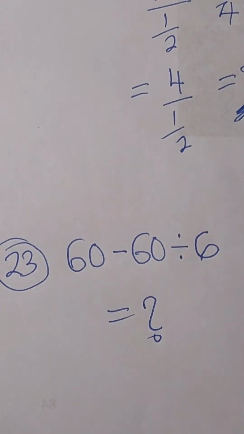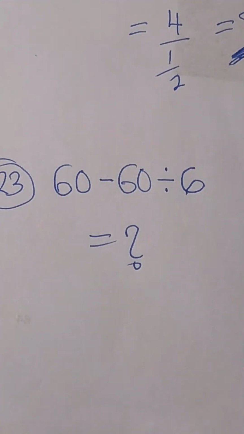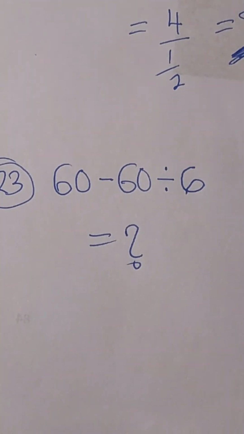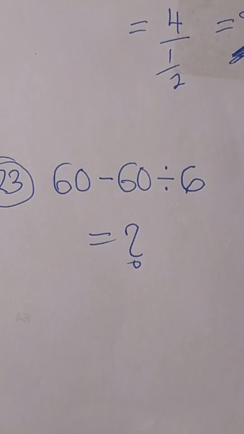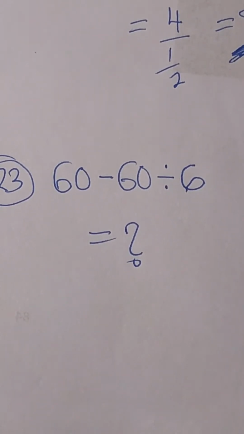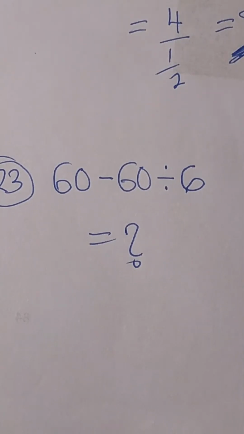It's very easy. 60 minus 60 divided by 6 is equal to what? Please solve. Let's see. This is quite easy.